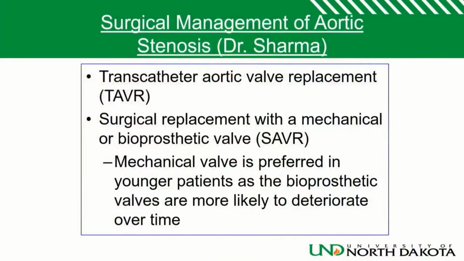The options that we have are transcatheter aortic valve replacement or surgical aortic valve replacement. In the past, TAVR was typically reserved for high-risk, often elderly patients. A paper appeared in the New England Journal of Medicine yesterday looking at TAVR in low and intermediate risk patients, and the results were every bit as good as surgical repair. So TAVR really is a good option.